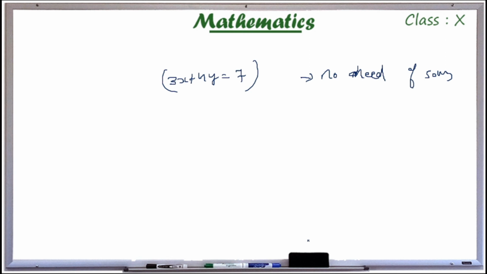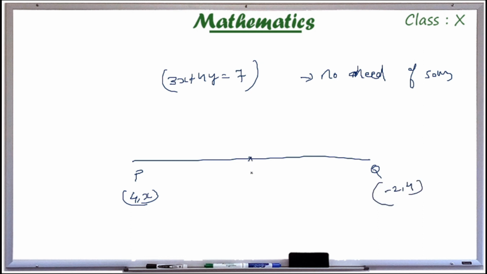So some of you asked questions, the third question in the extra, which is: find the midpoint of PQ. P is equal to (4, x) and Q is equal to (-2, 4), and the center point we have to find, which is equal to (y, -1).